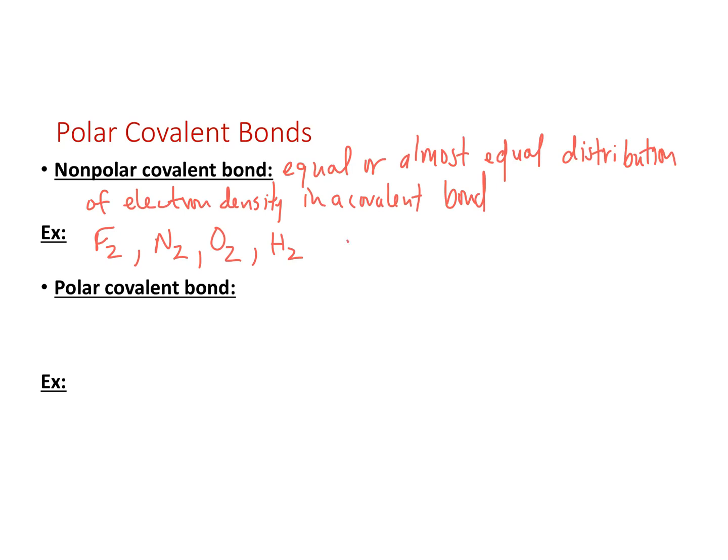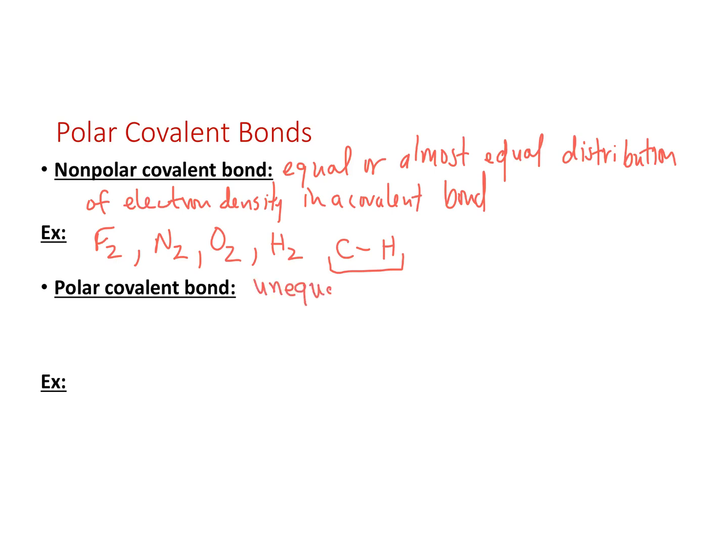Other common examples would be something like a carbon-hydrogen bond. Carbon and hydrogen have a very similar electronegativity, and I'm going to have approximately an equal distribution of electrons between the carbon and the hydrogen for a nonpolar bond. On the other end of the spectrum, like the HF example that we saw, would be an unequal distribution of electron density in a polar covalent bond.